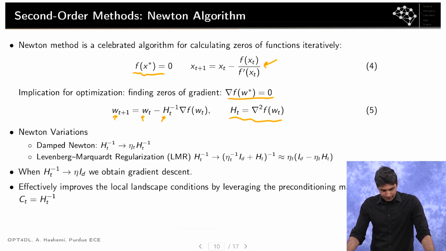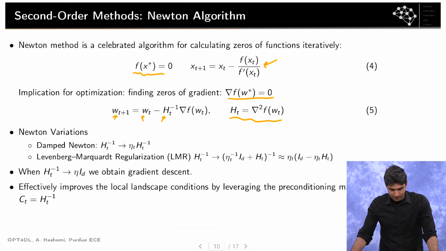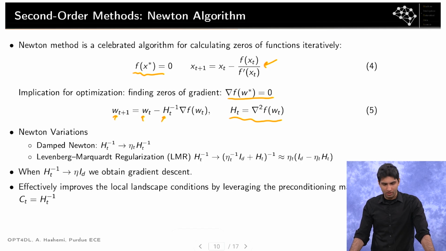Now, therefore, as you can see here, the Newton algorithm is designed to find first order solutions. Okay. Now, there are many variations of this elegant idea. I've listed a couple here. It's not our major focus, but just for your interest.